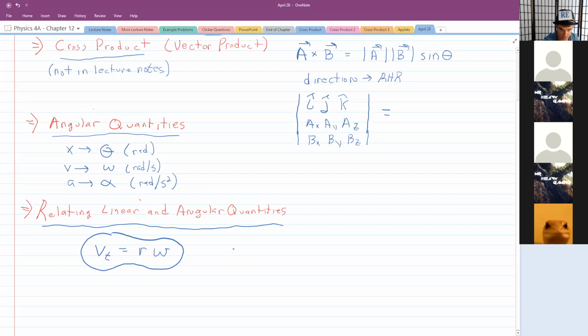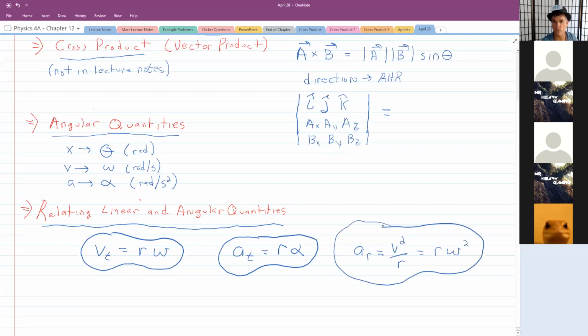My tangential acceleration, and remember this is acceleration because of a change in speed, is given by r times the angular acceleration. And my radial acceleration, which if you remember is given by a change in direction, not a change in speed, was equal to v squared over r, but you can also show that that equals r omega squared.